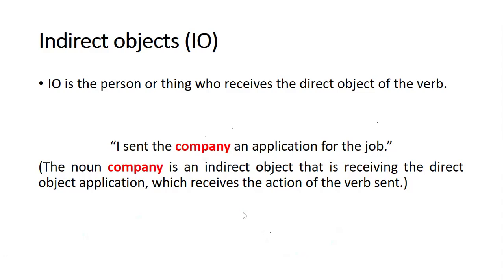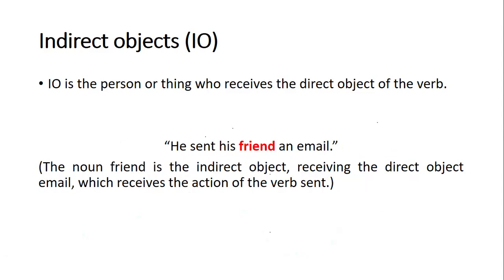It's very easy. Let's proceed with one more example to give you a crystal clear idea about indirect objects. He sent his friend an email. I'm stressing on the word he. So obviously the whole sentence is revolving around he. So he is our subject.